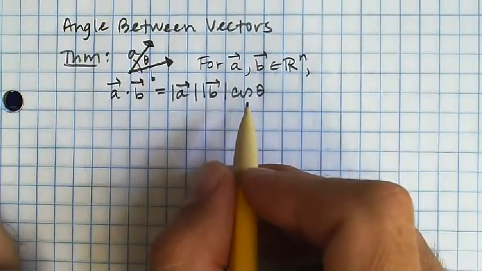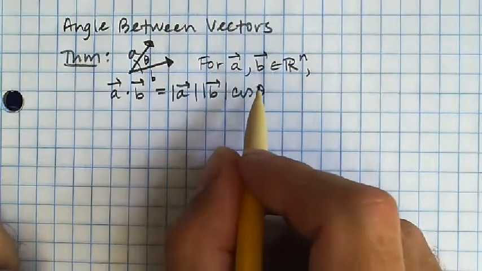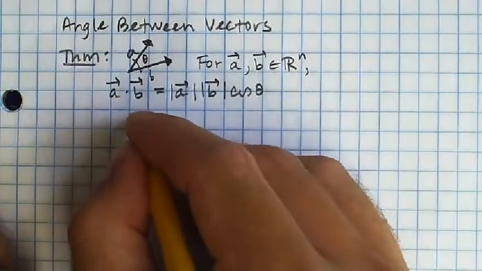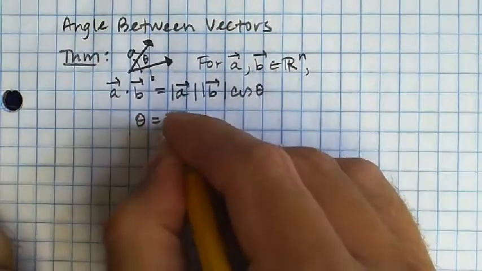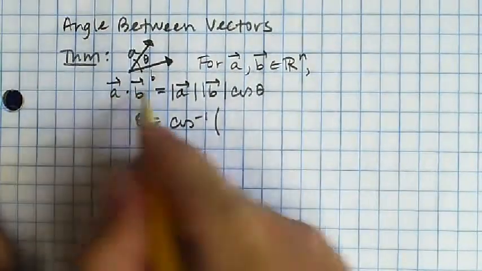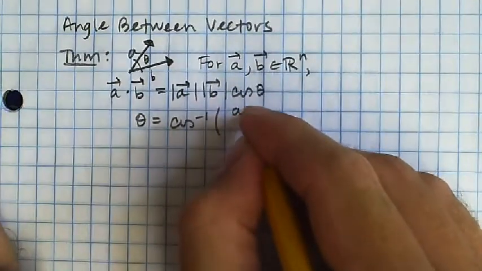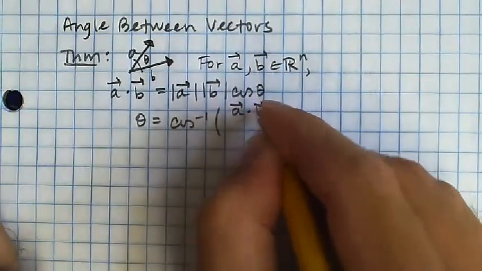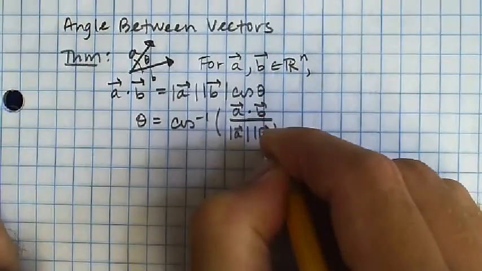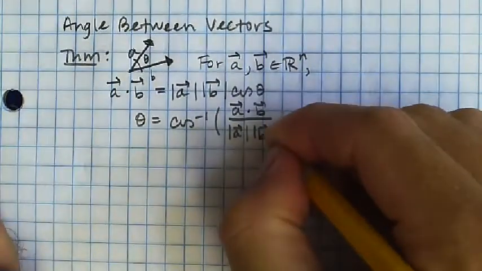I find this pretty easy to remember. Not that memorization is going to be a huge component of this course, but I can remember this pretty quick, and it's always easy enough to solve for theta that way, rather than remembering, because you could say that theta was the arc whose cosine is A dotted with B divided by the length of A divided by the length of B. Whoops, that didn't go well.